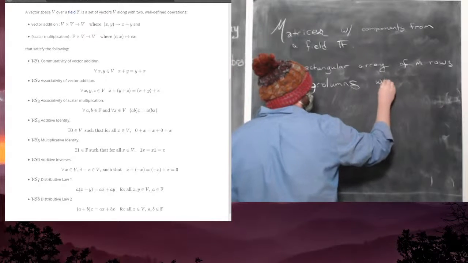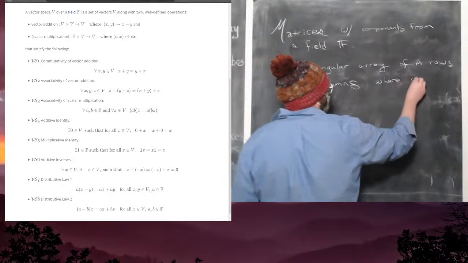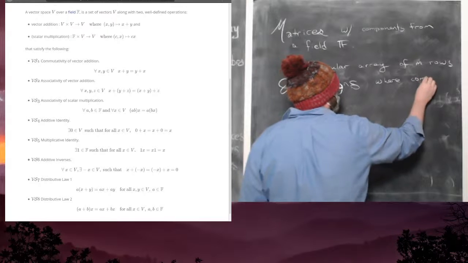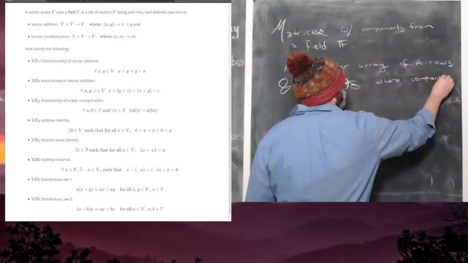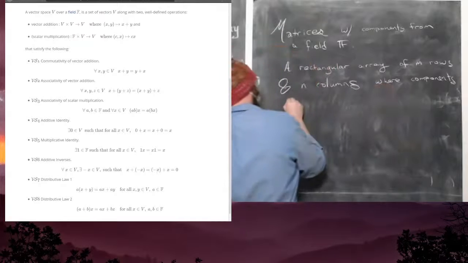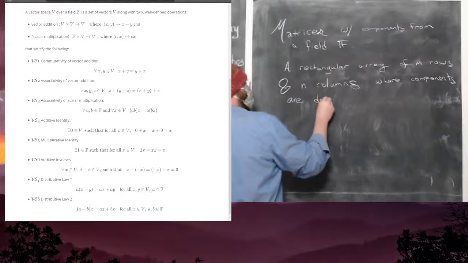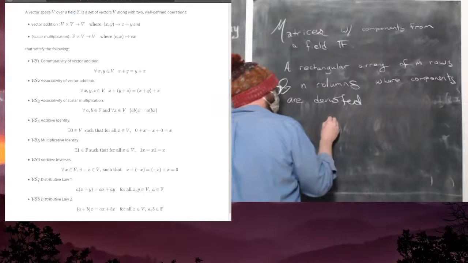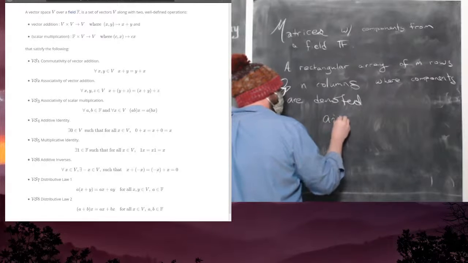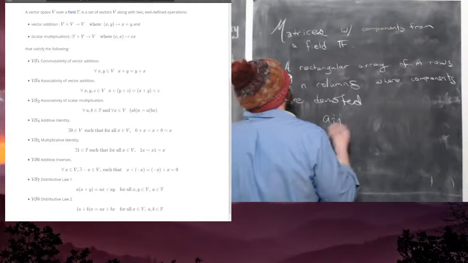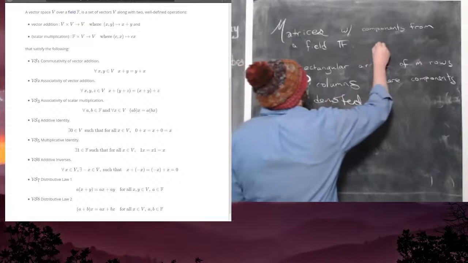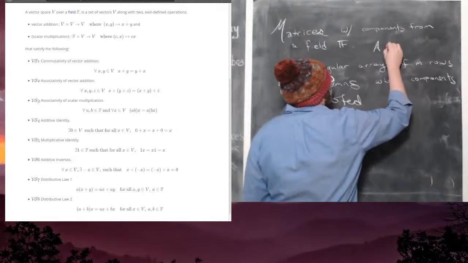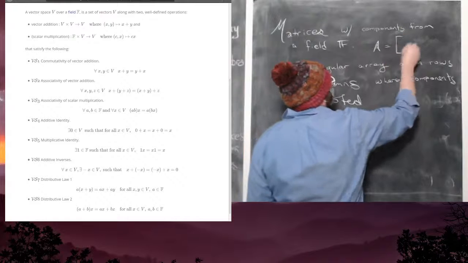where components are denoted. So, if we have a matrix A, it's one of these things.